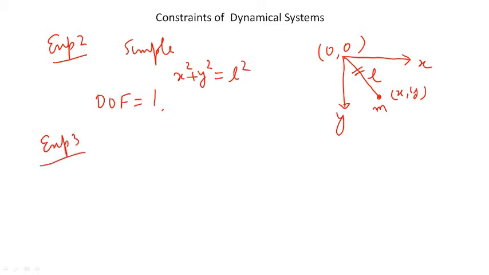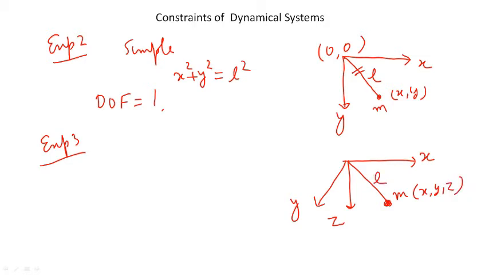Now we will take the third example. Suppose here is a spherical pendulum. In a spherical pendulum we will consider 3 axes. This is your x-axis, suppose this is your y-axis, and this is your z-axis. A bob of mass m, for the spherical pendulum, will have 3 coordinates.